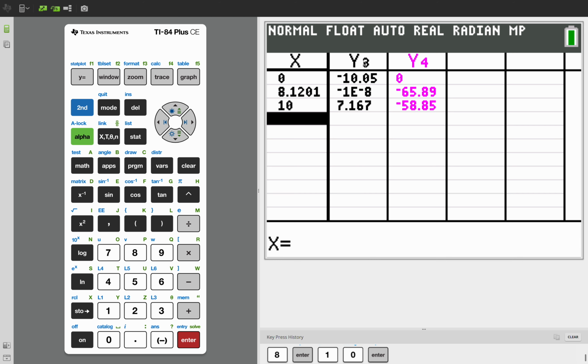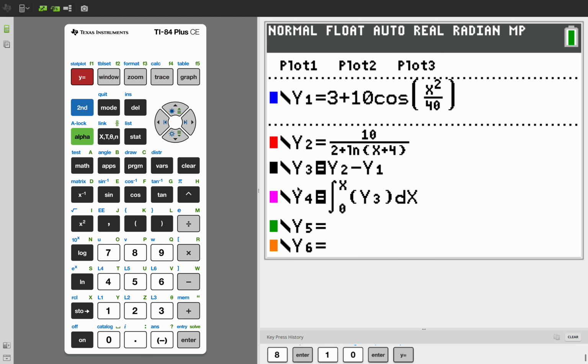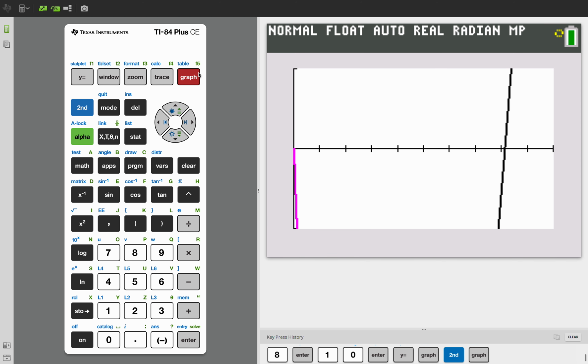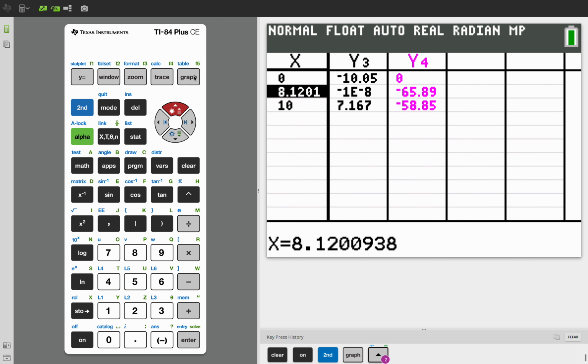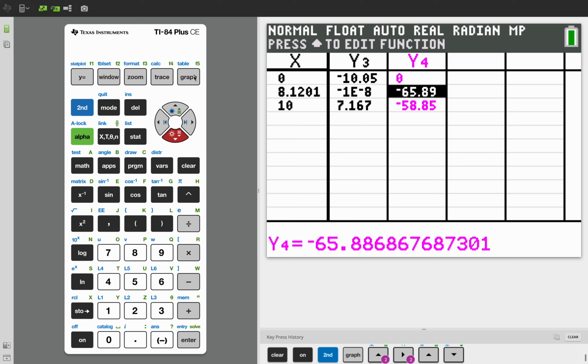And just a reminder, I don't want y3 because y3 is my rate of change, E of x minus L of x. Y4, remember, is that total area right here, the integral. So I want to really look at y4. So you can see here I have 0, negative 65.89, and then negative 58.85. Now, we're kind of not done yet because I forgot to include something.